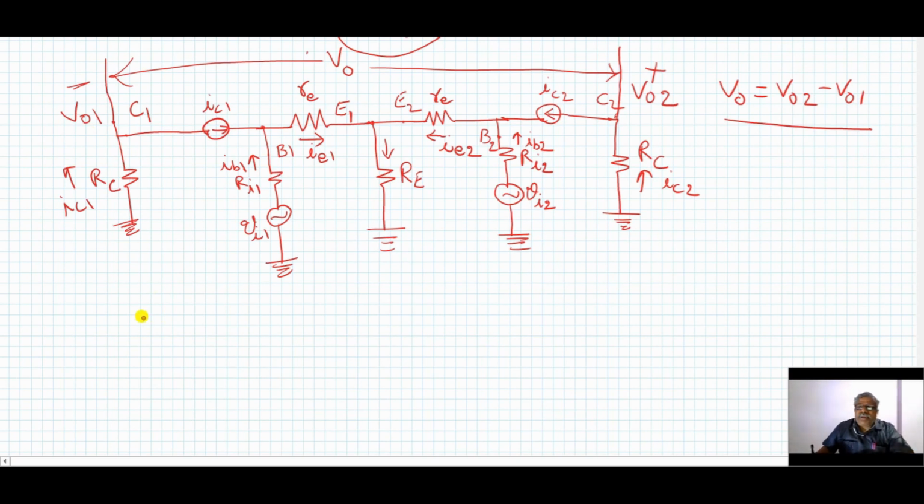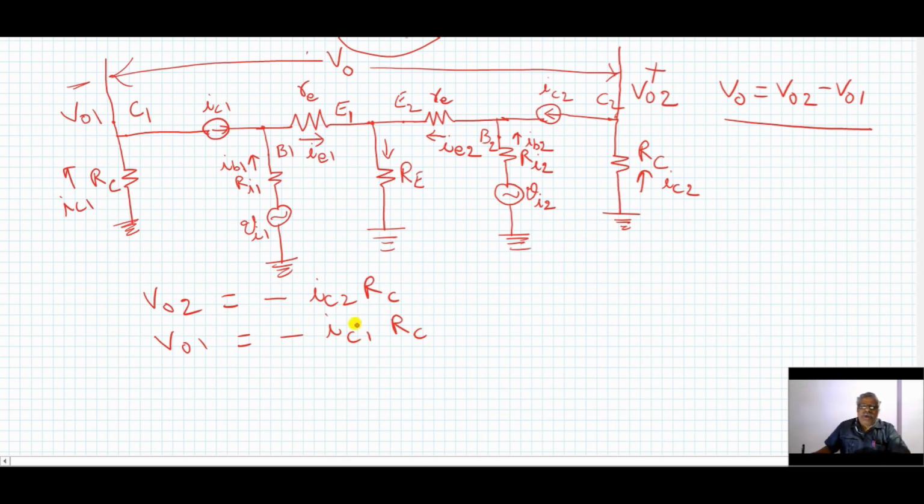So I repeat this part. V0 is equal to V02 minus V01, where V02 is given by the drop across this RC, because current is in opposite direction. That will be equal to IC2 into RC. In the same way, V01 is given by minus IC1 into RC.